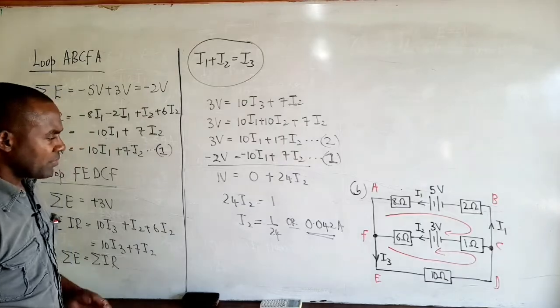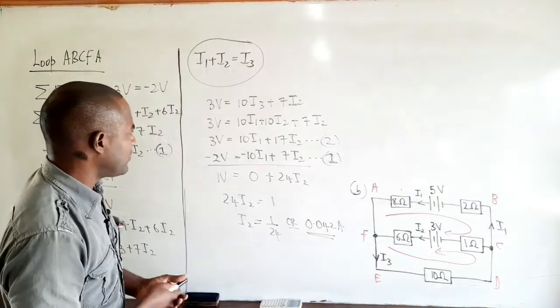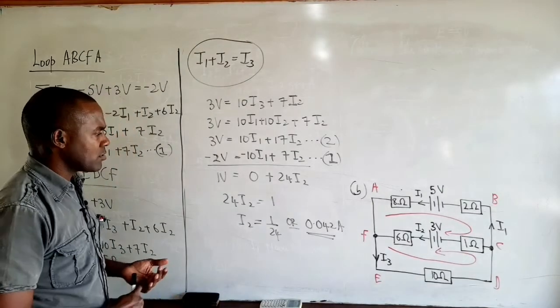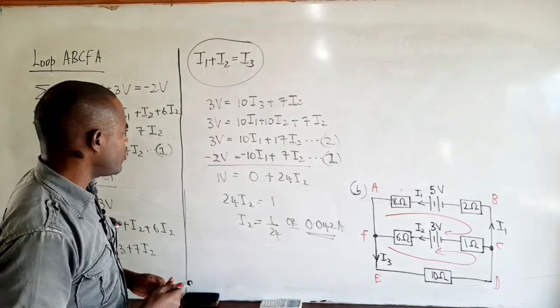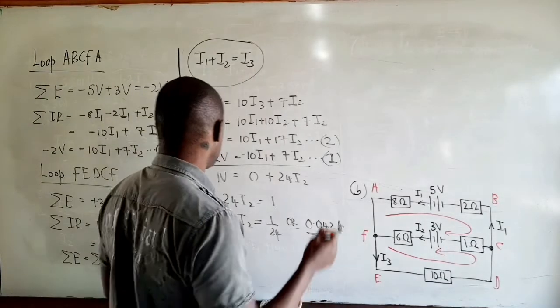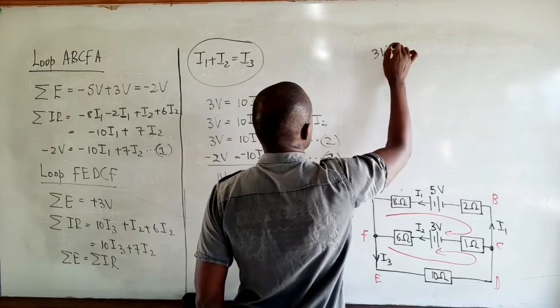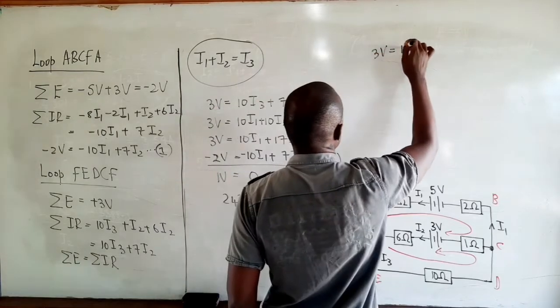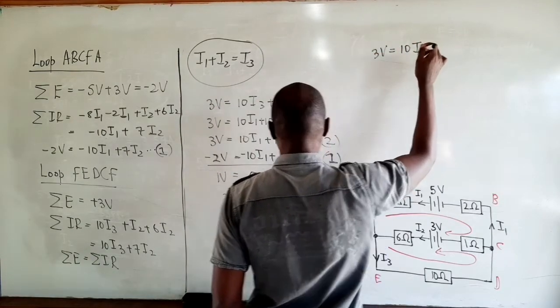So, substituting the value of I2, let's put it into equation 2. According to equation 2, we have 3 volts is equal to 10 I1 plus 17 I2.